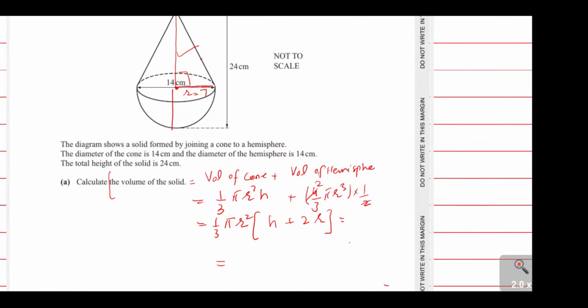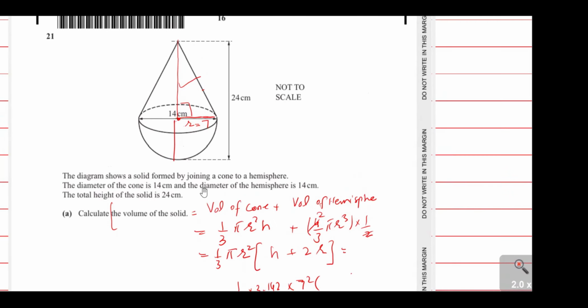We will substitute the values here: 1 over 3 into 3.142. Radius here is 7. We write 7 square and the height of solid is 24 and we will subtract the hemisphere radius. This is 7 and this height is the height of the cone and this will be equal to 17.